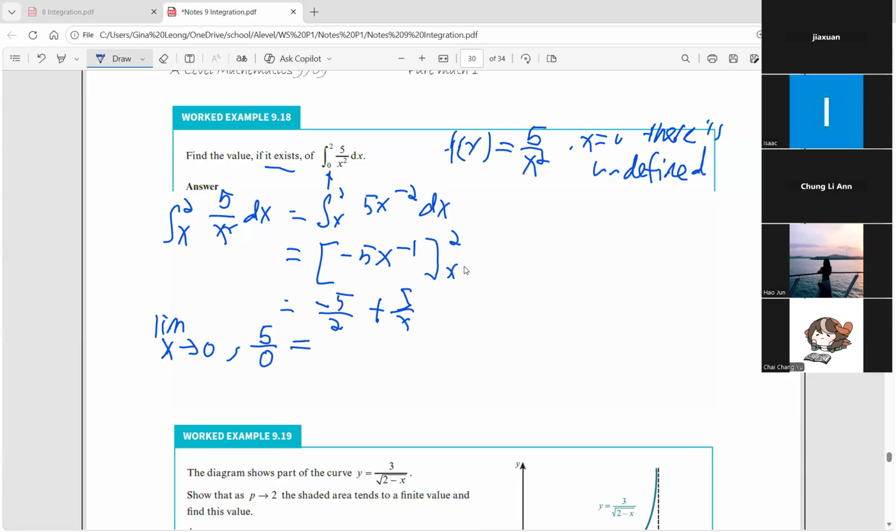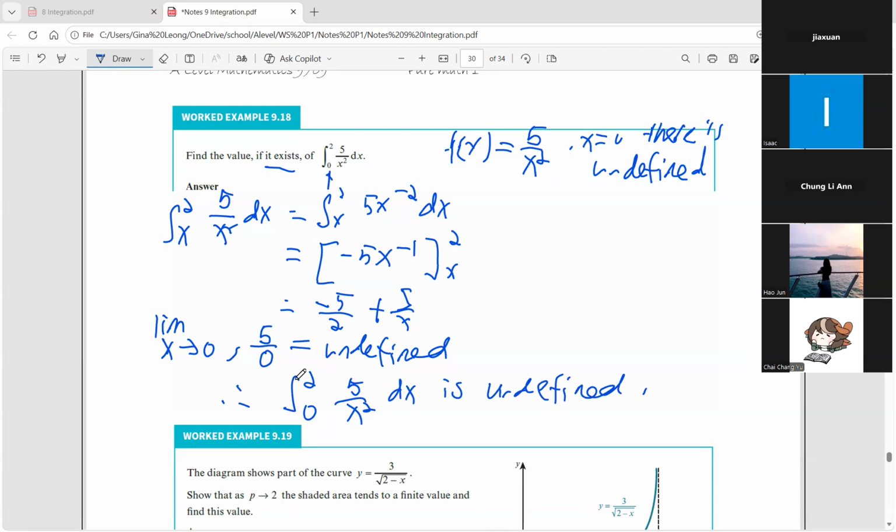With 5 over 0 I still cannot find anything, it's still undefined. So for this case there does not exist a value, meaning the integral from 0 to 2 of 5 over x squared dx is undefined. I still cannot find any answer.